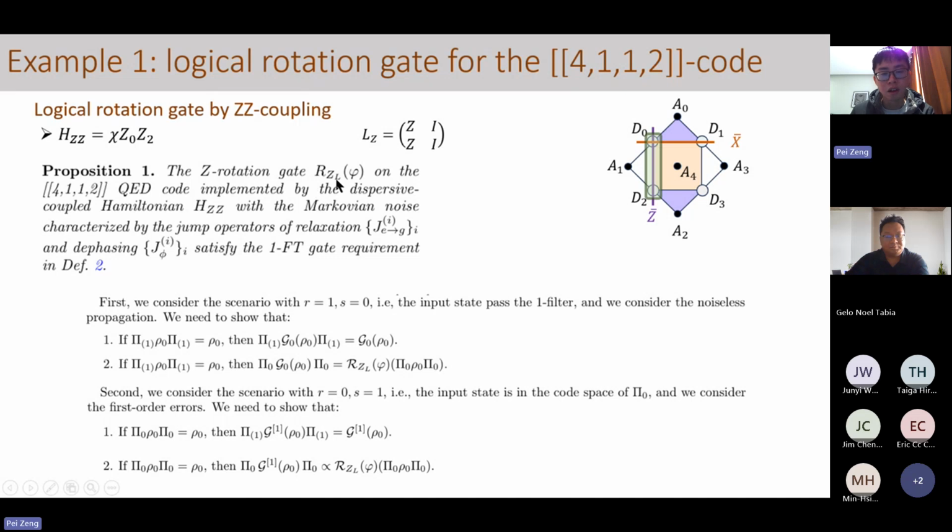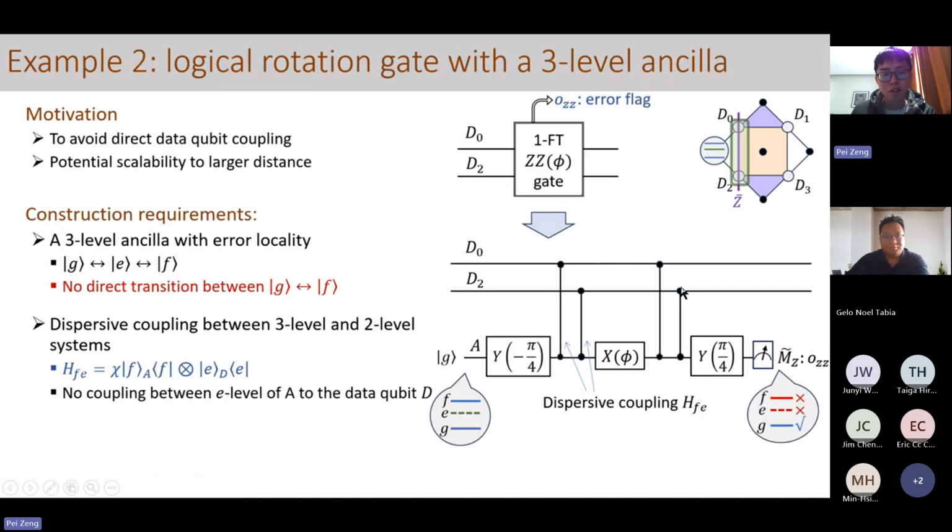We also propose another way to do this ZZ rotation gate with an ancilla. You couple this ancilla to the two data qubits, you do a rotation gate on this ancilla by an X drive, and then you measure this ancilla. If you get the right outcome, then you have performed a ZZ rotation on these two data qubits.